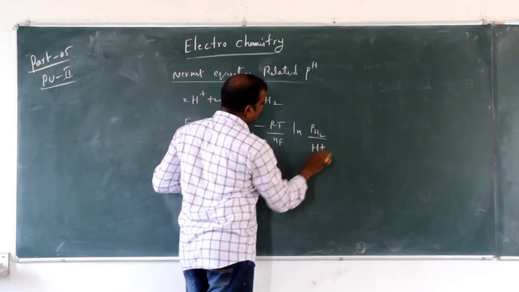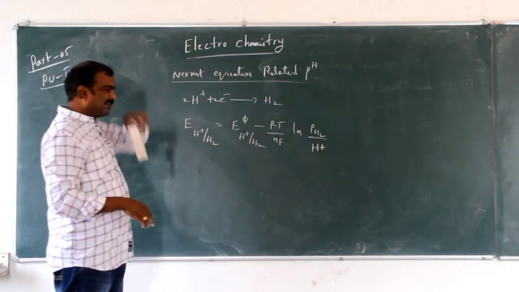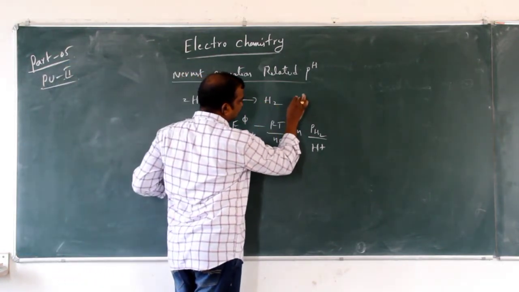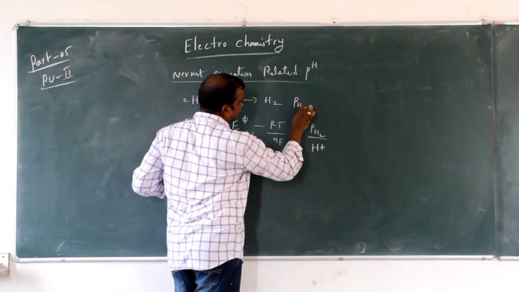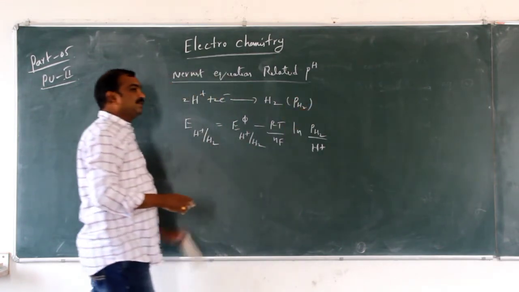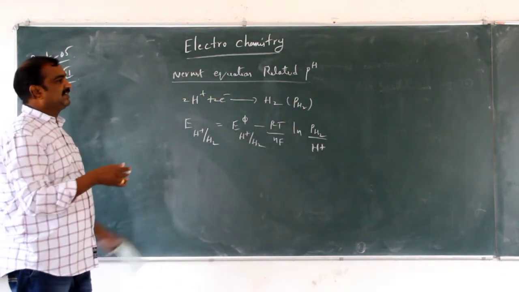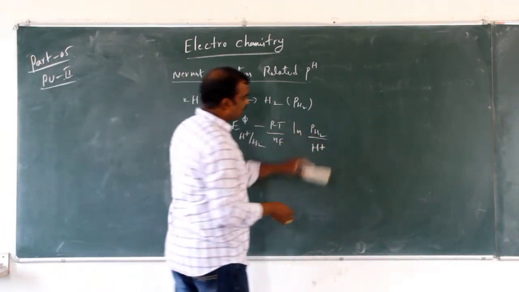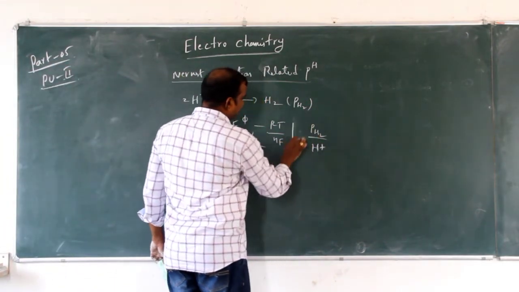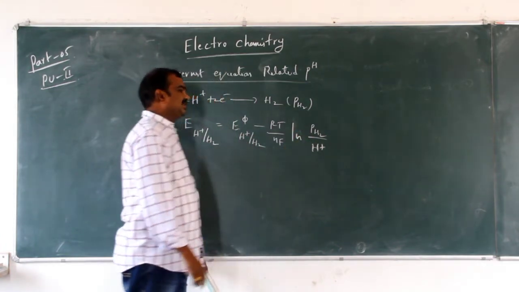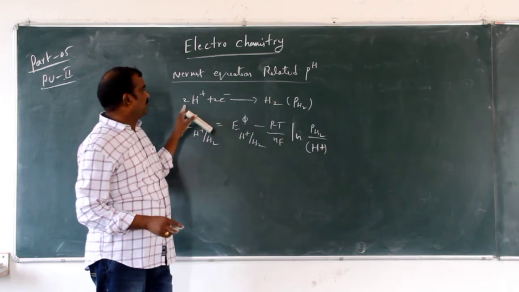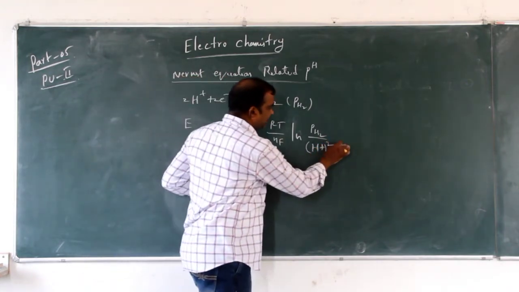Why pH2? Because in the standard hydrogen electrode, for H2 we take pressure, however much pressure we are inserting there. So we write pH2 by the H plus ion concentration, squared, for 2 moles.